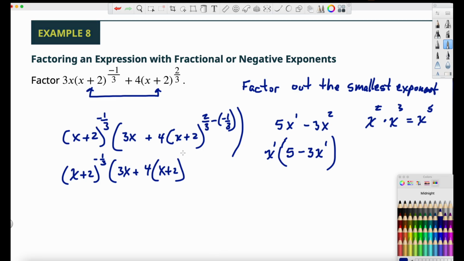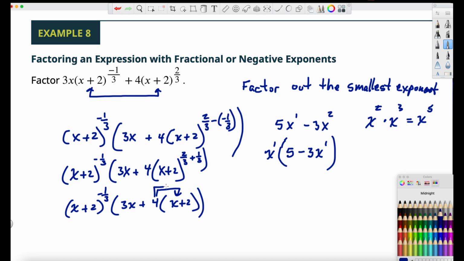This becomes plus right here. I'll just write it out, 2/3 plus 1/3. Well, what is 2/3 plus 1/3? Isn't it 1? Common denominator, 2 plus 1 is 3, and we get 3 over 3. So that gives us 1. So in other words, x plus 2 raised to the 1. I don't need to write the 1 there. Now I can just distribute the 4 into the binomial.